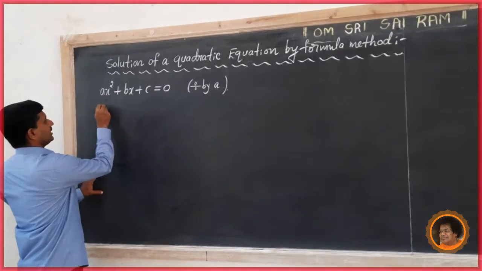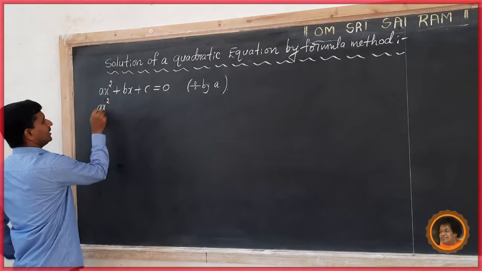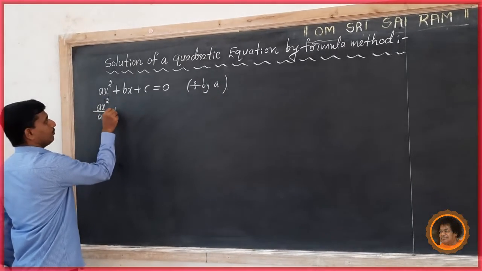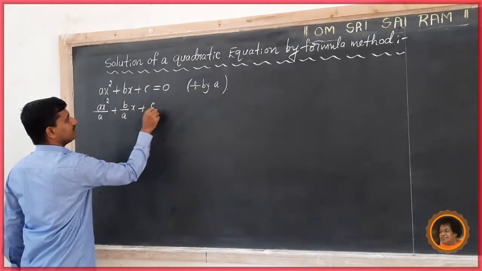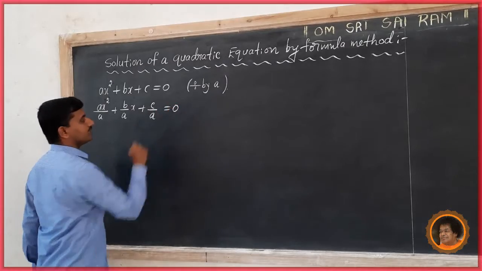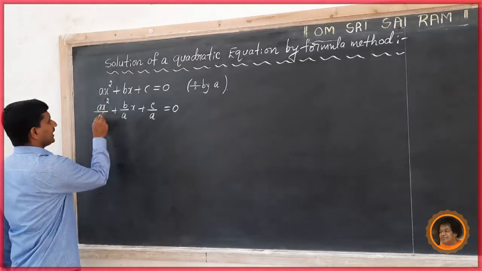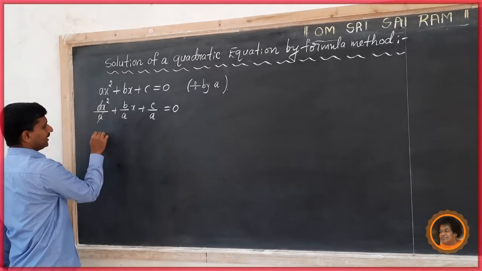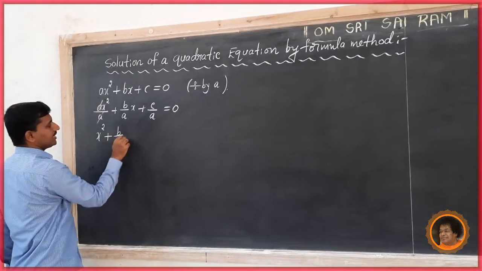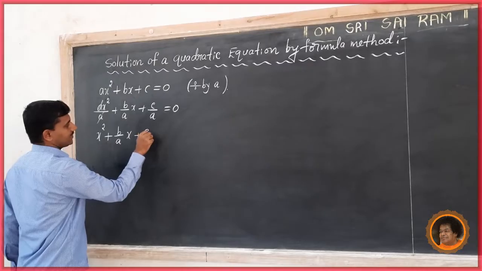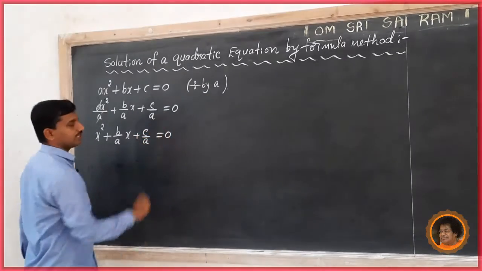Now divide: ax square divided by a plus b divided by a into x plus c divided by a equal to 0. Here a cancels. Remaining: x square plus b by a into x plus c by a equal to 0.